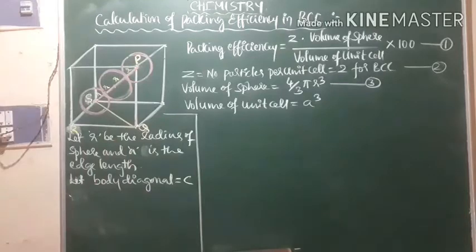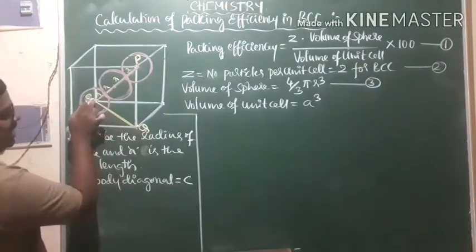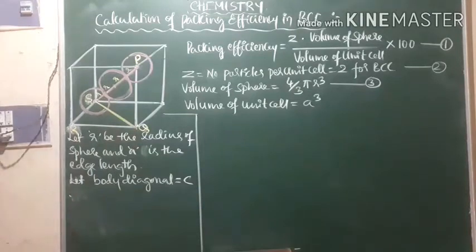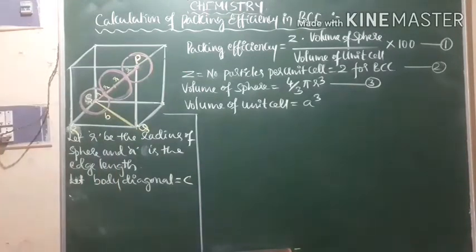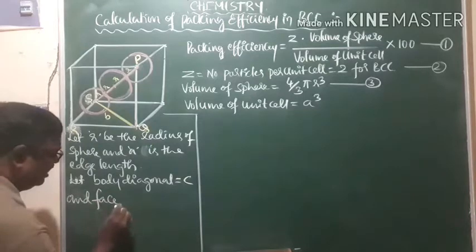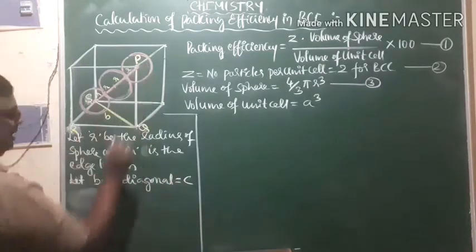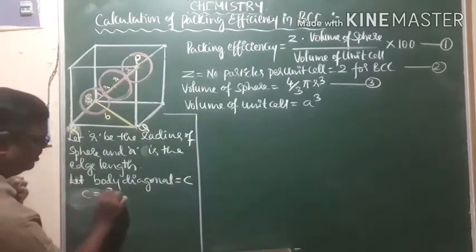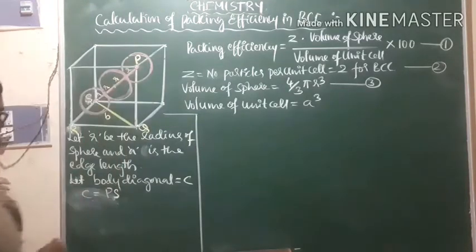This is the face diagonal, because the diagonal is along the face of the cube. We call the face diagonal b. And c is equal to PS.